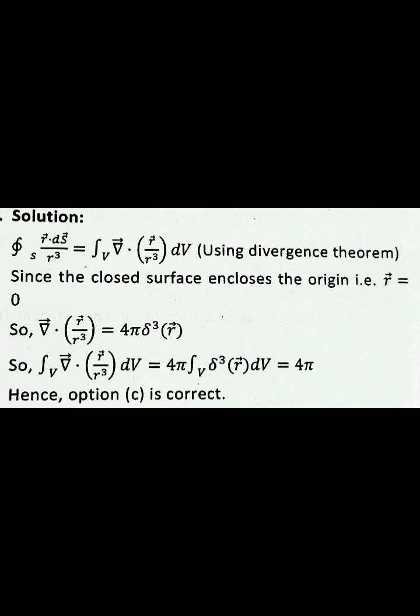Here the closed surface encloses the origin, that is r is equal to 0, so del dot r by r cube is equal to 4 pi del cube of r. We know that the integral of del cube of r is equal to 1, that is the integral over v of del dot r by r cube dv is equal to 4 pi integral over v of del cube of r dv, and this is equal to 4 pi. So the answer is option C.